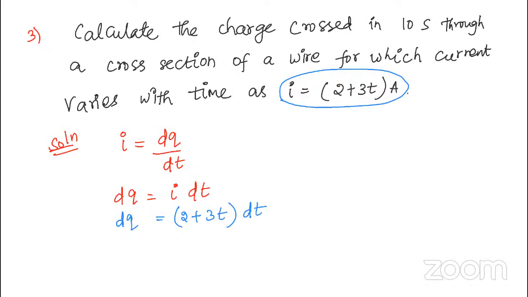So for the charge crossed in 10 seconds, in a short interval of time, how much charge crossed over, we are writing one formula. On the formula, we substitute this dq value, and then we have to find the value of q.